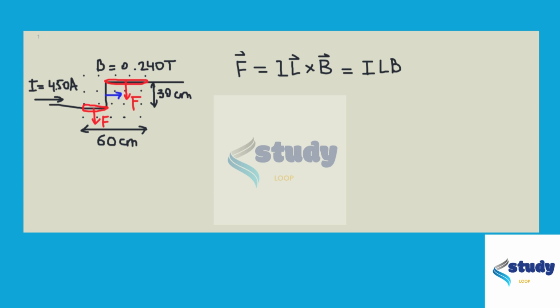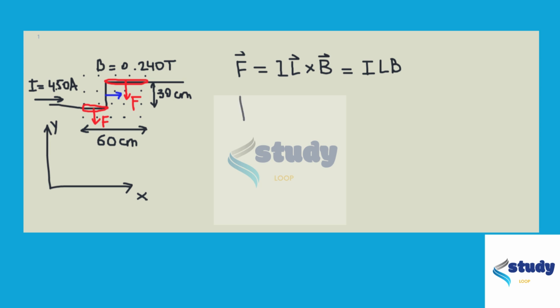So before we move on, let's select our coordinate system. I will point the x-axis to the right and the y-axis up. And first, let's calculate the force acting on this part of the wire.